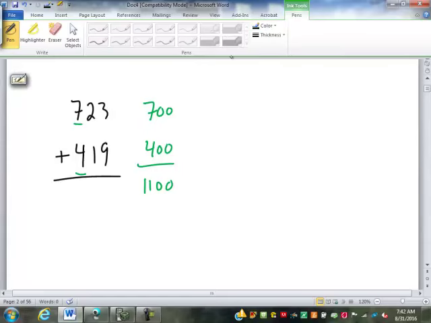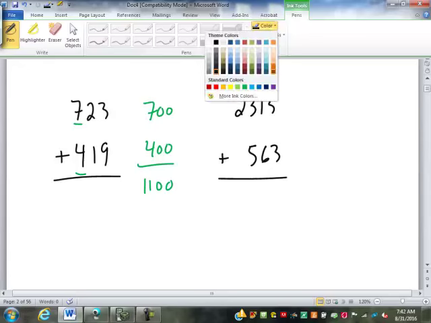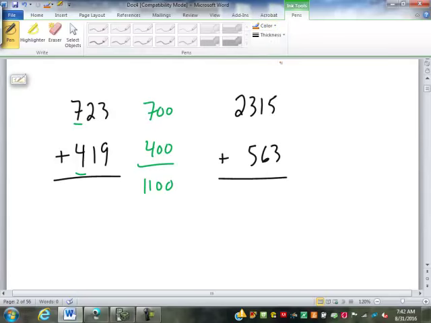If it were something like this, however, it's not so simple because they're not going to be rounded the same place. Again, whatever is going to work easiest for you. You could round this as 2,000 and this is 600 and say, hey, I'm expecting something close to 2,600.